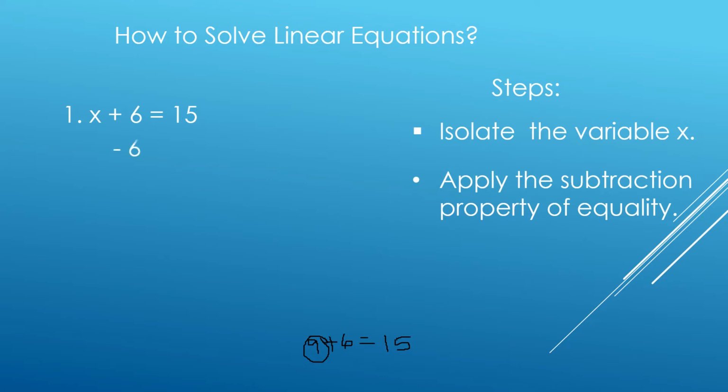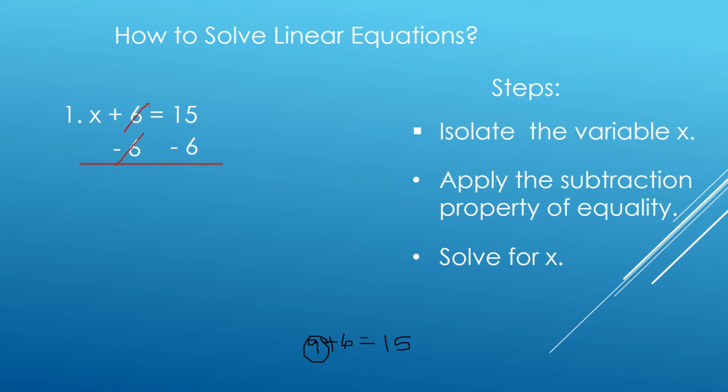Okay? Minus 6, and on the other side also minus 6. Which means that we can now solve for x. We have here 6 minus 6, this is equal to 0.